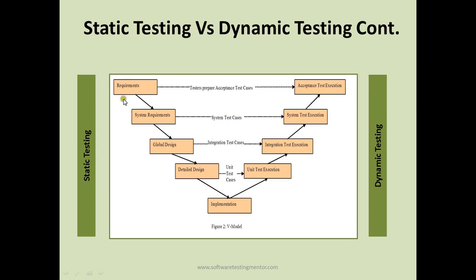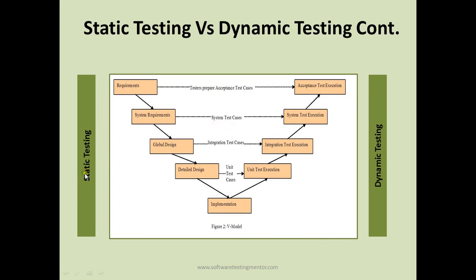If you see the V model, it starts from the requirements, then system requirements, then global design, detailed design, and then implementation. And then on the right hand side you have unit test, integration test, system, and acceptance test. Any testing on the left side, from the requirements or system requirements or in the design phase, is all static testing.